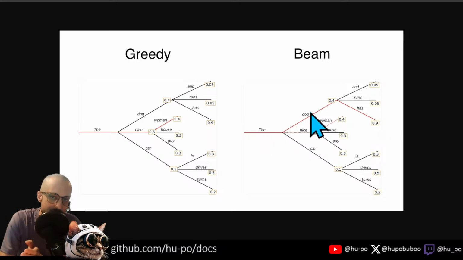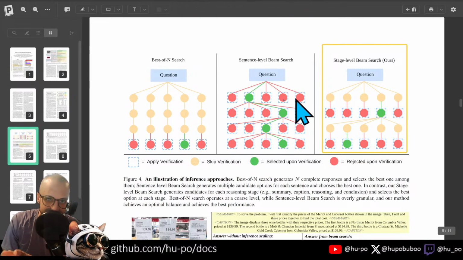It's like looking a little bit ahead and saying, hey, even though the word nice has a higher probability here, technically these two together, 0.4 plus 0.9, are a higher number than 0.5 and 0.4. So actually, let's choose this path rather than this path, right? So you can see how this search, by looking ahead a little bit into the future, you've now outputted different tokens, right? And they're effectively doing that, but at each stage.